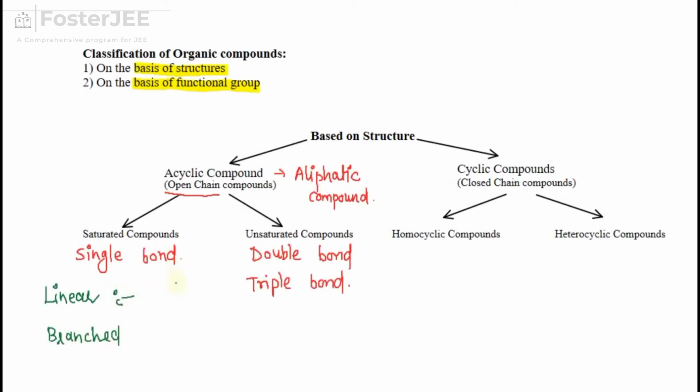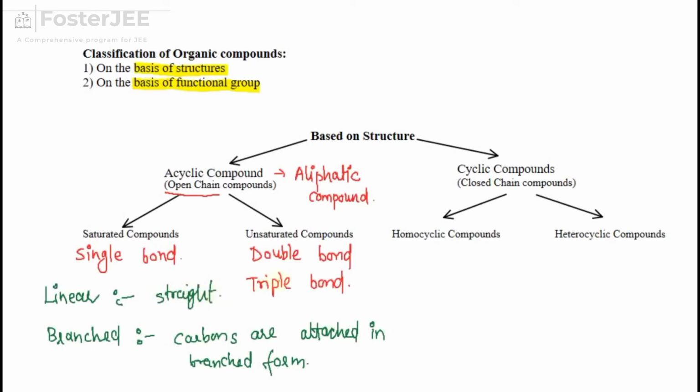So, branched structure is when carbons are attached in branched form, and linear structure is when carbon atoms form a straight normal chain.